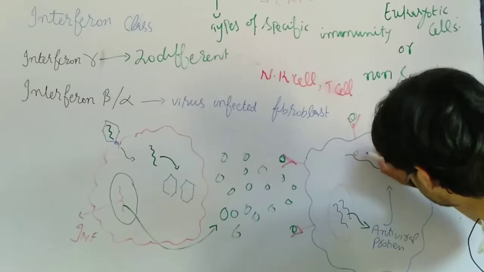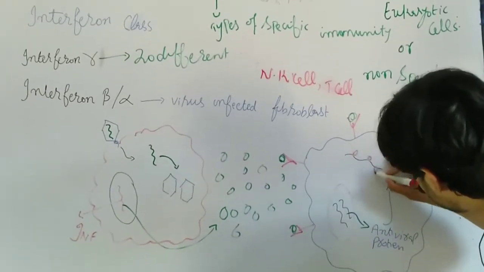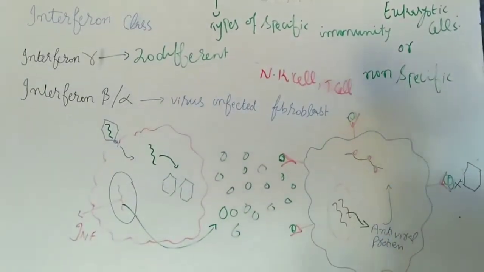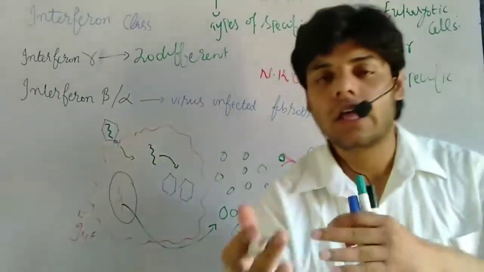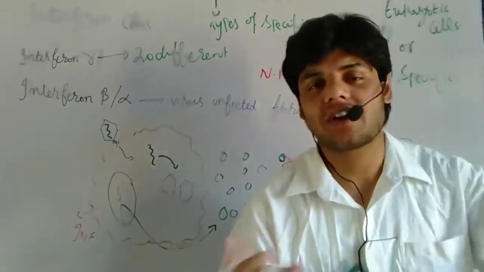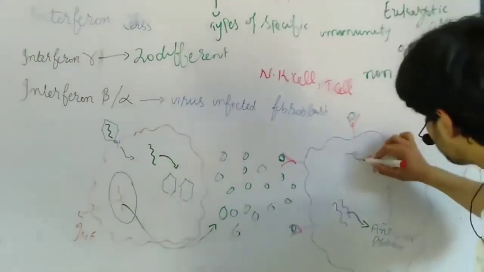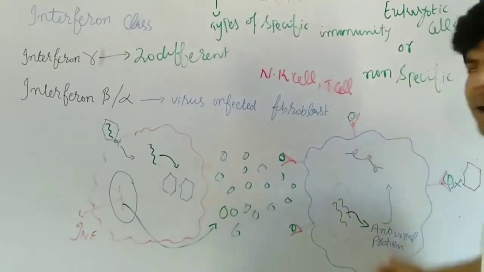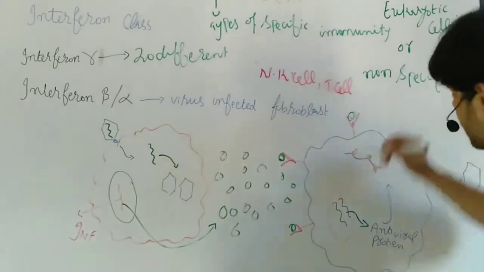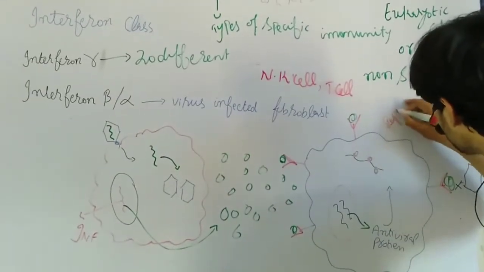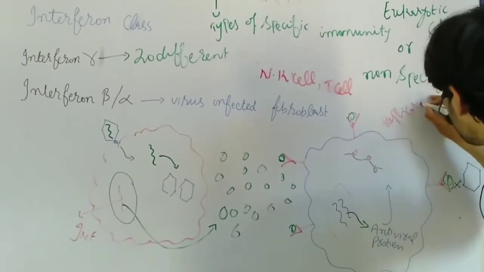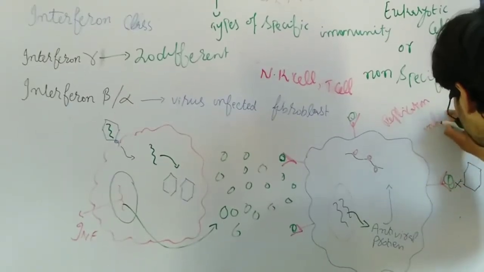Let's suppose this is the protein, and the antiviral protein attaches to this genome. Due to this attachment, the processes of translation and transcription are halted or stopped. So the replication process is inhibited.